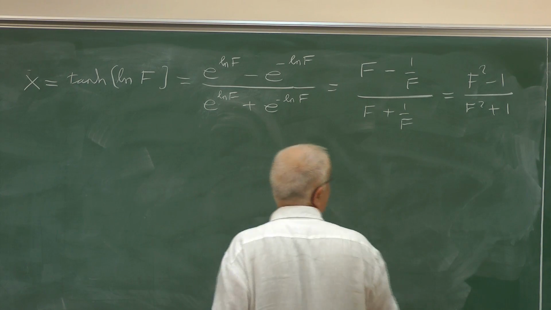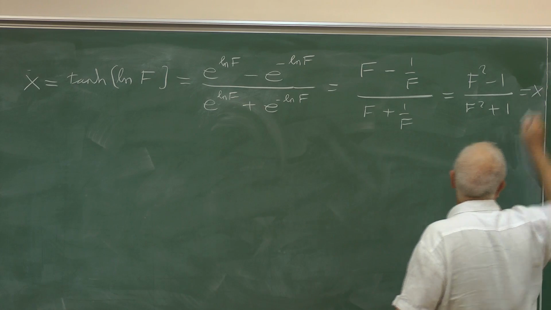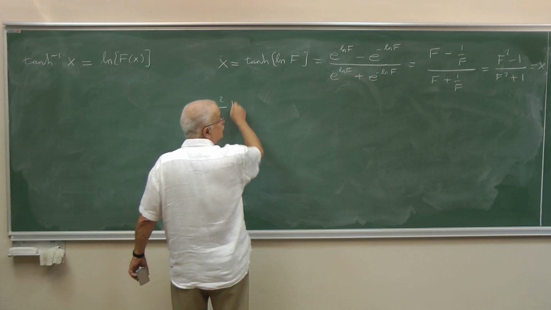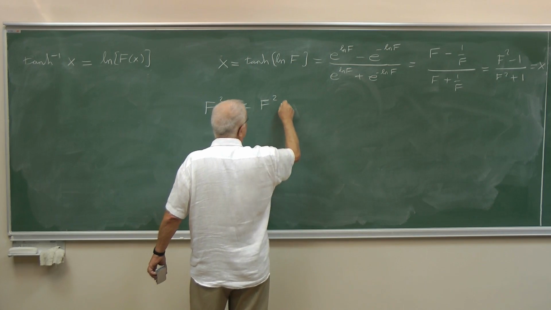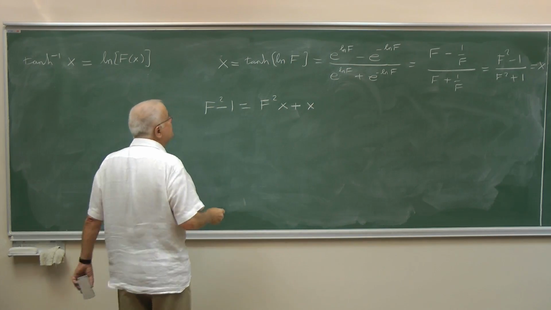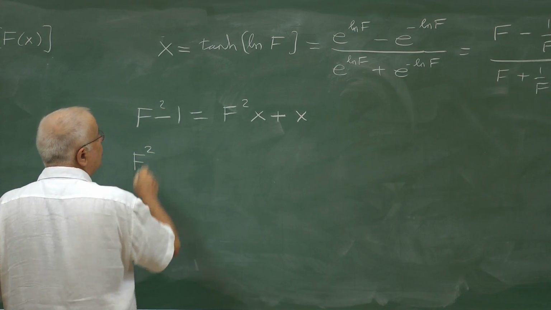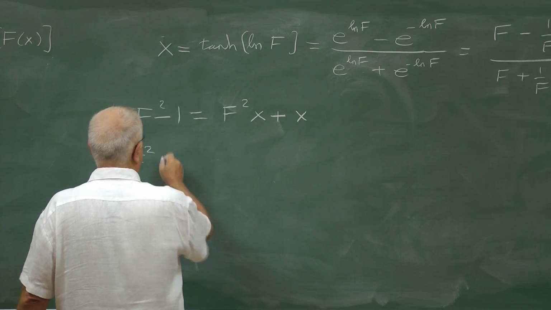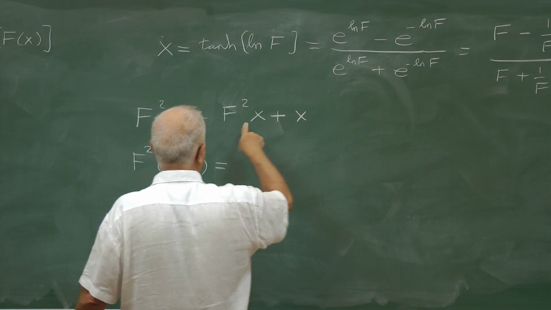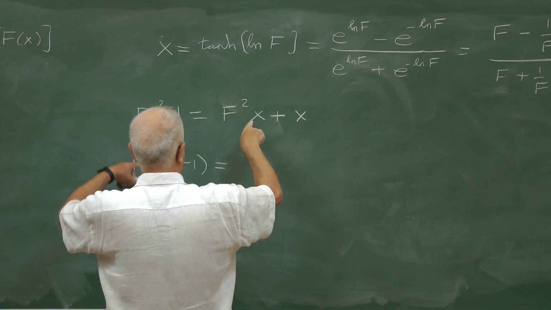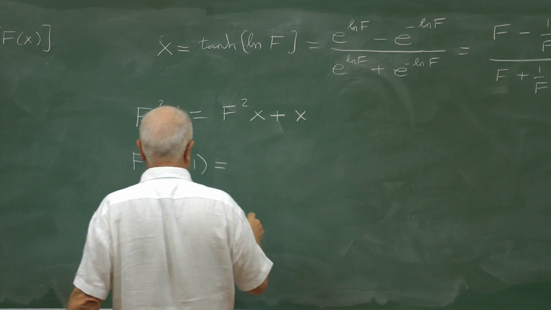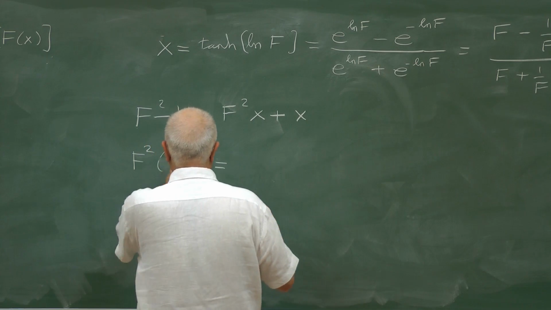Remember, this equals x. So f squared minus 1 equals f squared x plus x. Regrouping, f squared times x minus 1 equals x plus 1, or 1 minus x, that's better.